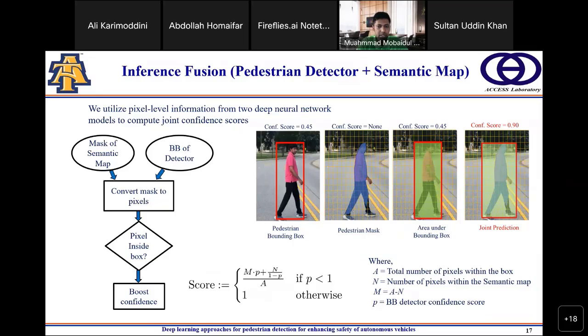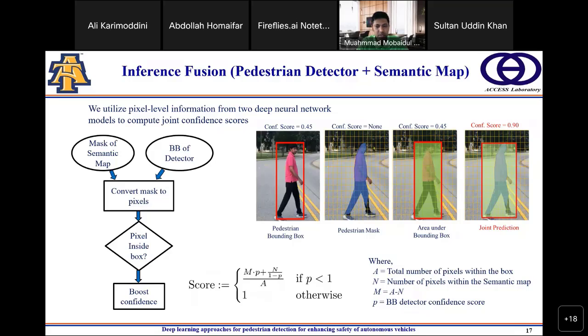We then compute the joint confidence score using our scoring function. The scoring function has two different weights for overlapping and non-overlapping pixels. The weight for non-overlapping pixels is the same as the confidence score of the detection branch, and the weight for overlapping pixels is 1/(1 minus p).